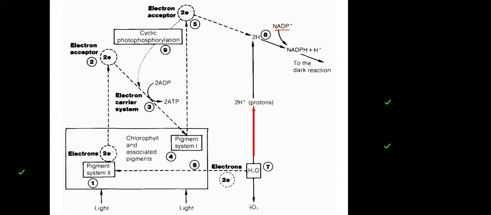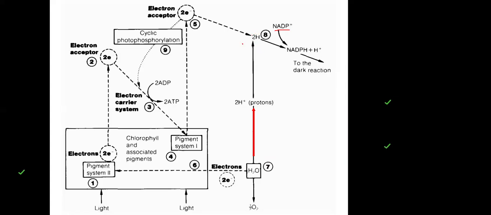This is nicotinamide adenine dinucleotide phosphate. So this is also another molecule that contains nucleotides, but it's a coenzyme, and this is very important because it's going to accept these hydrogen ions.